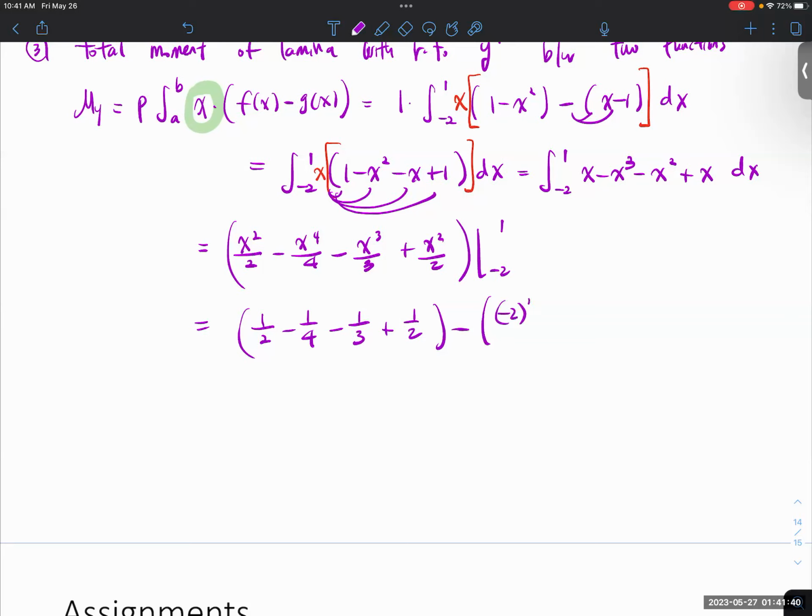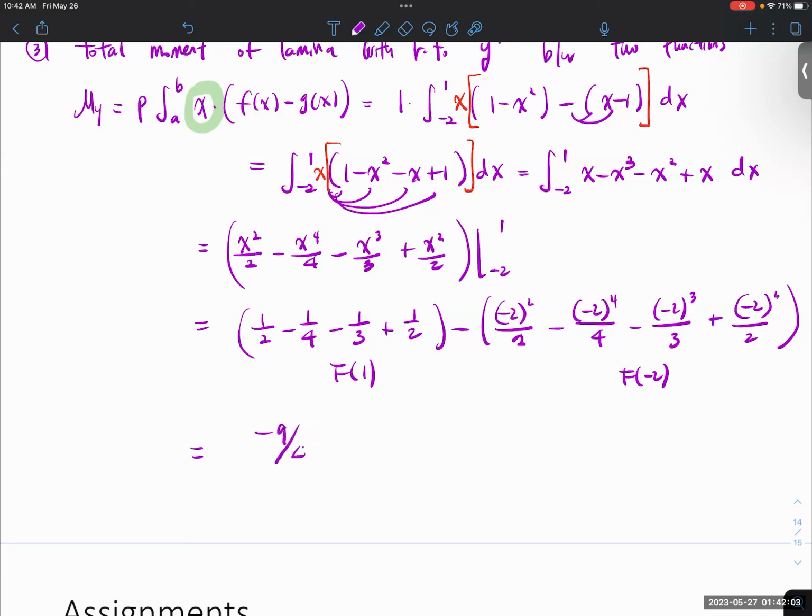So negative 2 to the 2nd over 2, negative 2 to the 4 over 4, negative 2 to the third over 3, negative 2 to the second over 2. Anyway, you're going to use a decimal because it's a complicated fraction. It should be about negative 9 over 4.